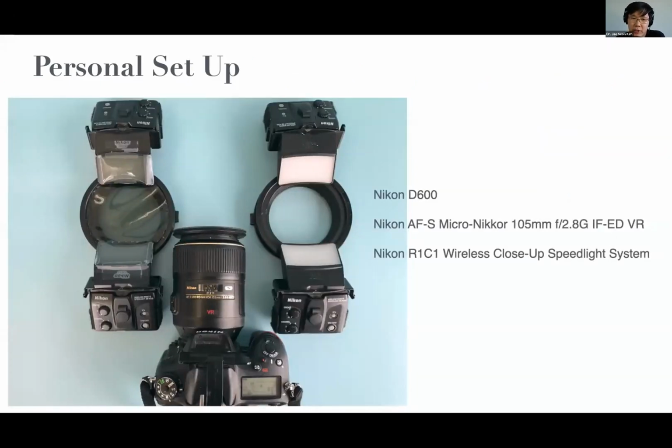If you look at the camera, my camera is actually a very old camera. It's a D600, a full frame digital DSLR that came out in 2012. When it first came out, there were a lot of problems with this camera, and there was a huge recall because every time the shutter opened and closed, it splashed some oil on the sensor, so a lot of people were seeing spots on their pictures.